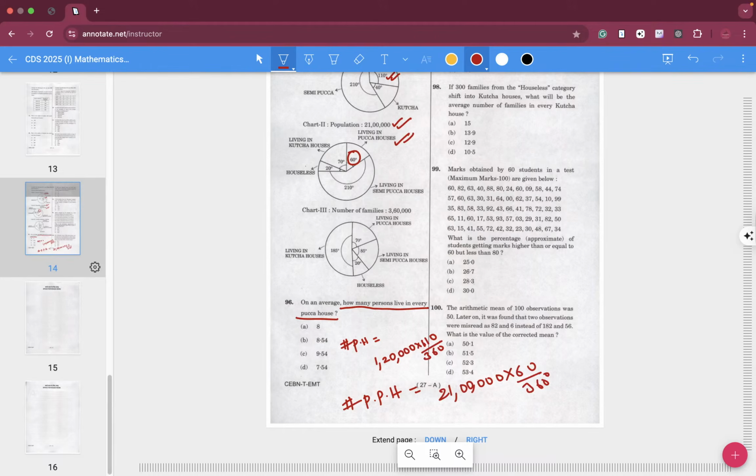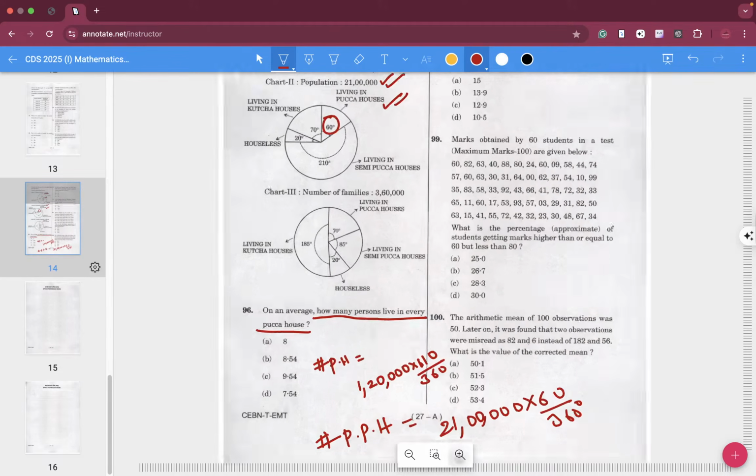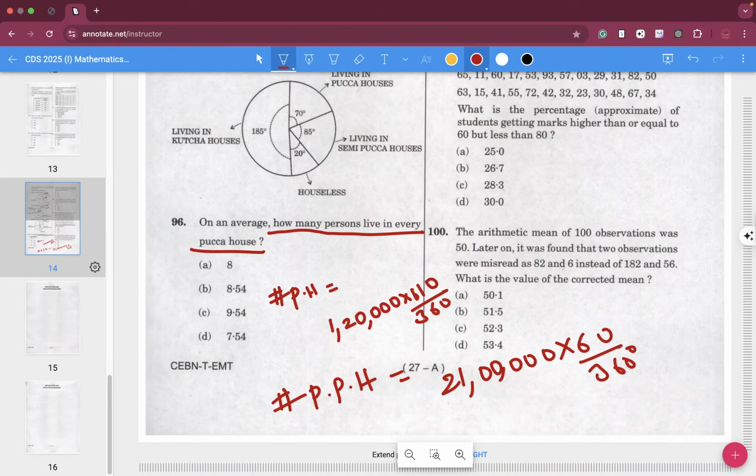Now they are asking how many persons live in each pakka house. To find out how many persons are living in each of the pakka houses, we will have to do this value divided by this value.